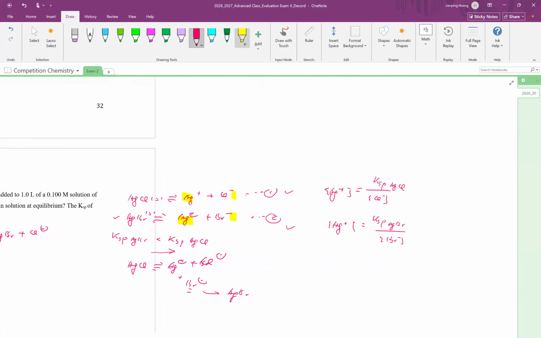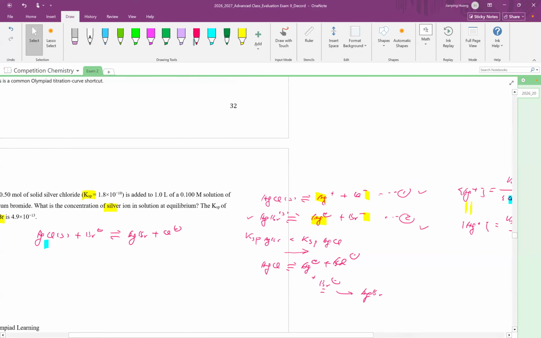You want to calculate this, you need, if you know this one, here it's also the same. You find this relationship too. So in order to find the silver ion, you need to find the concentration of this one. Or the question also asks you, what's the concentration of this one? Right? So many questions can ask you. The same question can change.